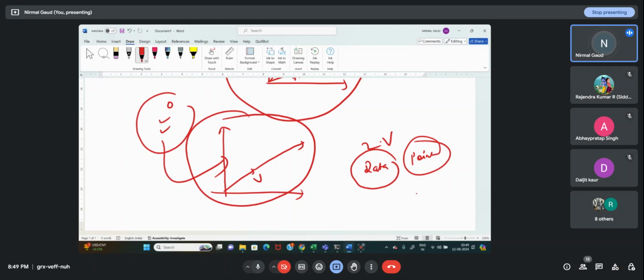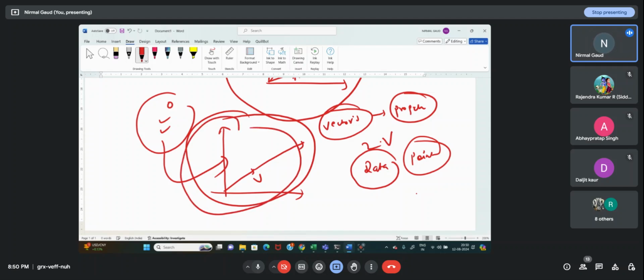So if I need to understand the data, I should be using vectors and the properties of vectors. This will help me in understanding the data, because data is a free zone, but representing it in some space and applying vector concepts to it will help me.